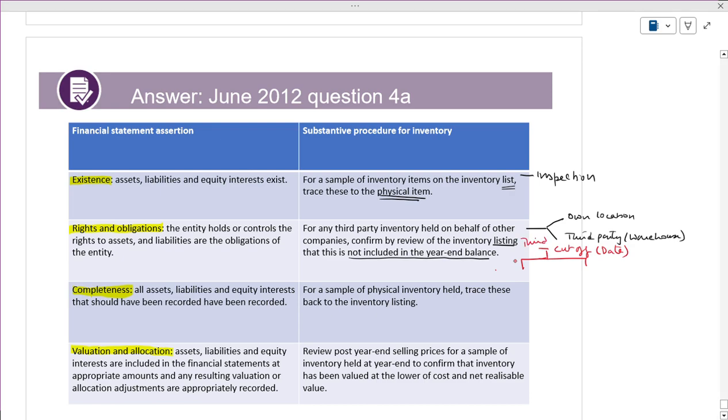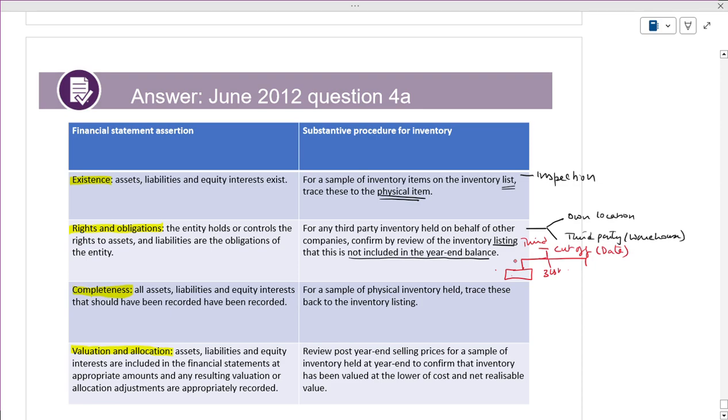At the third party location we have to see whether all the inventory before 31st has been taken into consideration or not, all the inventory before 31st and after 31st. That's why I say review the inventory listing to check that it is not included in the year-end balance. If anything is related to before 31st, you have to include. If anything is related to after 31st, you have to exclude.